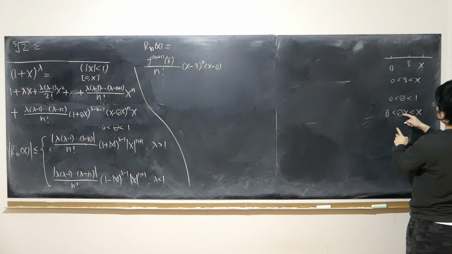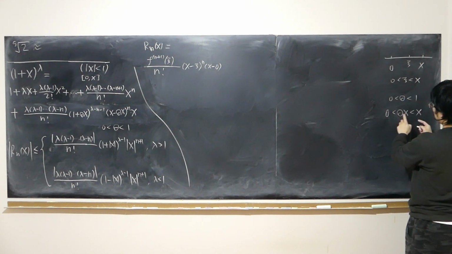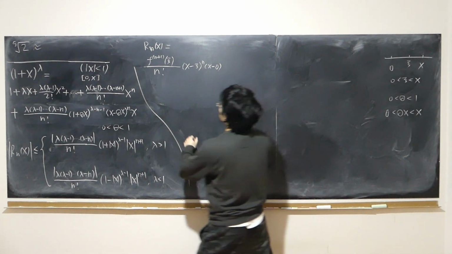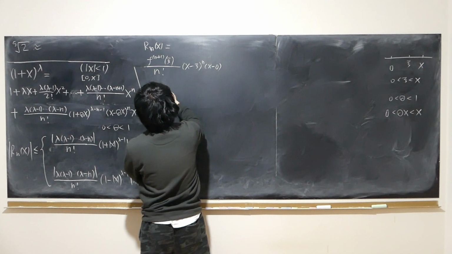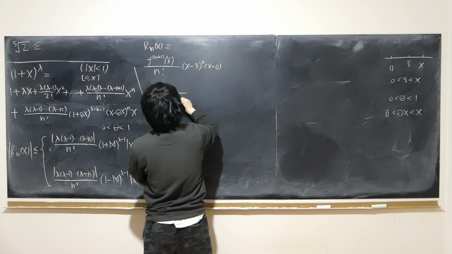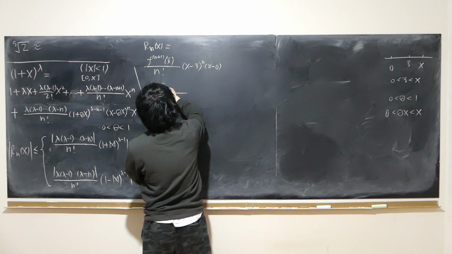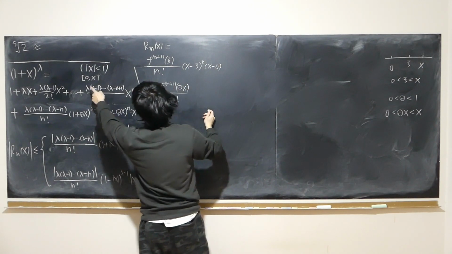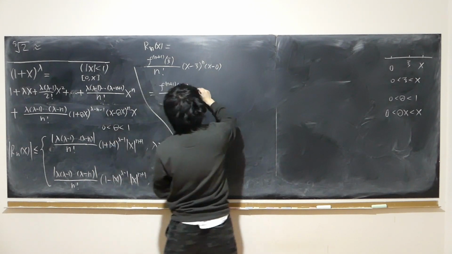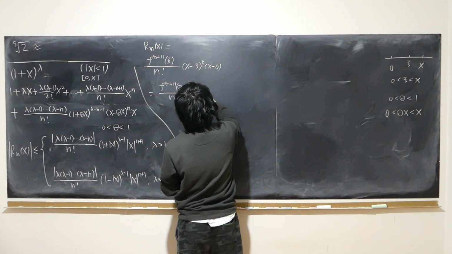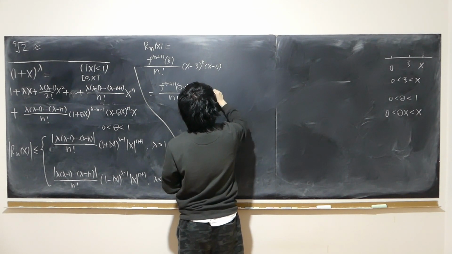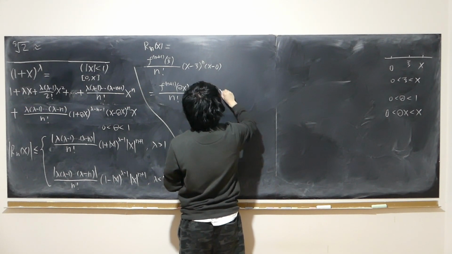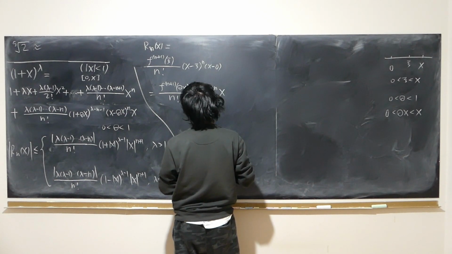So xi can be written as theta x. So we have 1 over n factorial, the n plus 1th order derivative at theta x, theta between 0 and 1, multiplied by x minus theta x to the power of n, multiplied by x.